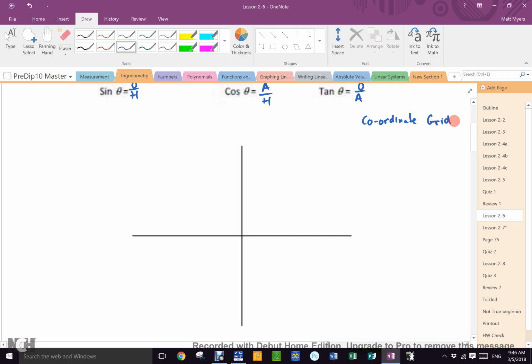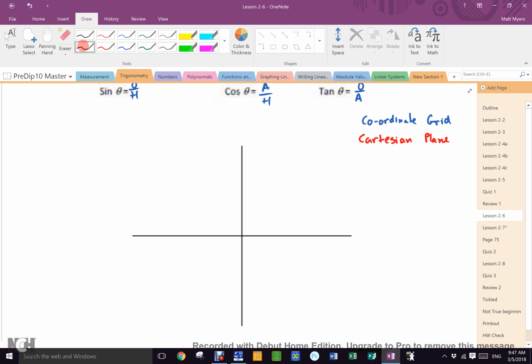Right? The way I was taught was after the man who invented it, who was the French philosopher René Descartes. And we called it the Cartesian plane. All right? And you already know how to use it.